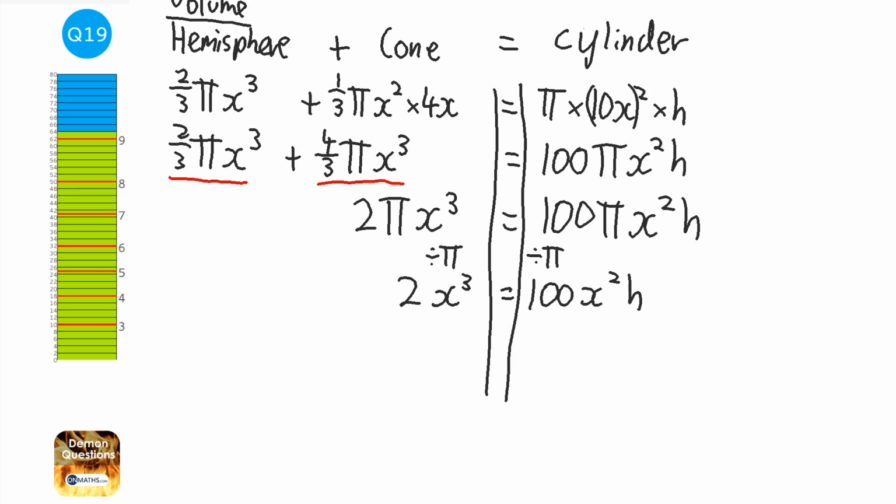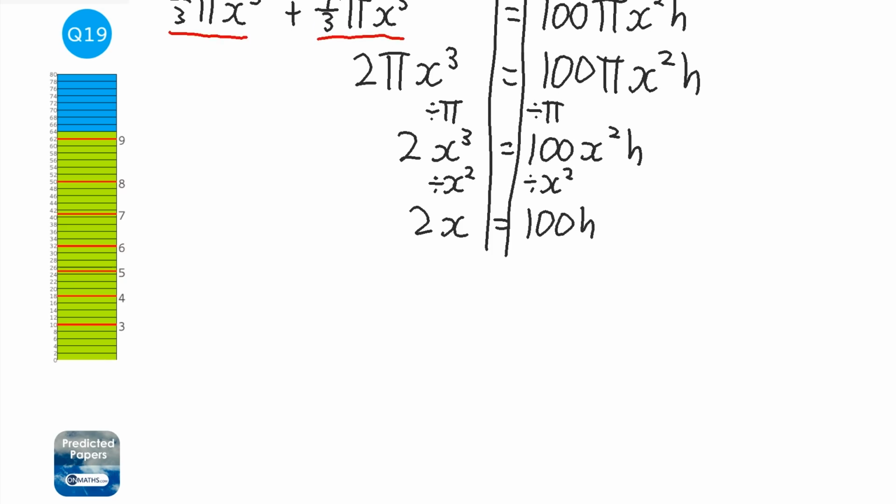Now we want h on its own, so we're getting close. We need to divide by the x squared first to get h on its own. So I'm going to divide by x squared, so we get 2x equals 100h. So we can already see we're really close. So to get h on its own, we need to divide both sides by 100.